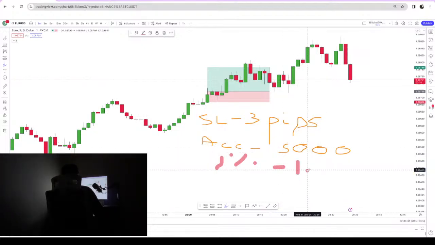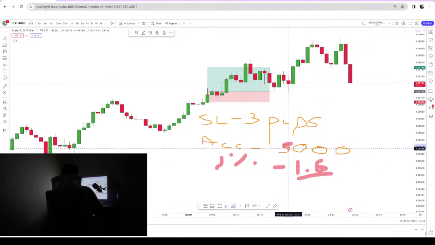It will be 1.6 lot size. So you can open a 1.6 lot size in just a $5,000 account also. Right?